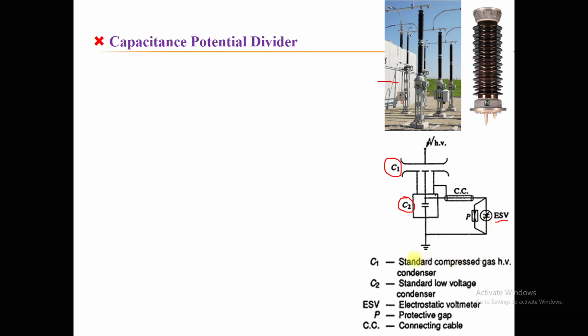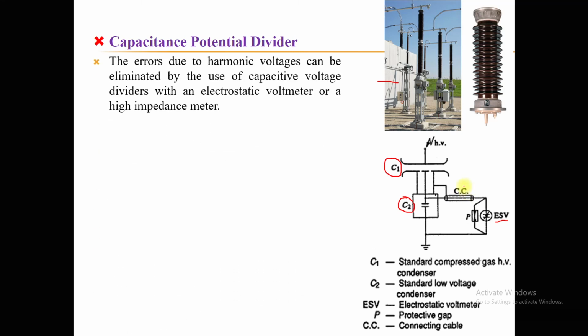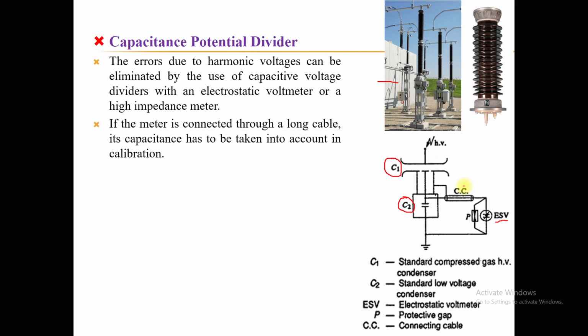C1 is a standard compressed gas high voltage capacitor. C2 is a standard low voltage capacitor. ESV is the electrostatic voltmeter, P stands for protective gap, and C dot C is your connecting cable. The errors due to the harmonic voltage can be eliminated by the use of a capacitive voltage divider with an electrostatic voltmeter or a high impedance voltmeter.